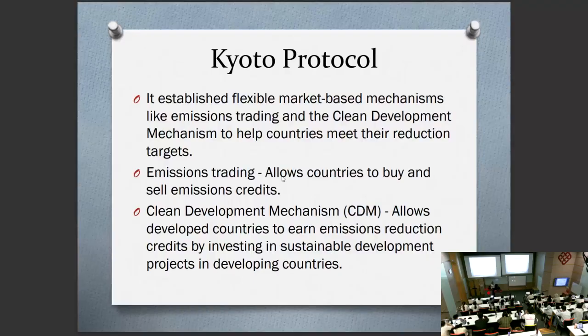Maybe the US invests in some clean technology in Thailand or Vietnam. So this is the clean development mechanism. It has an advantage for both the developed countries, by earning reduction credits, and the developing countries, which get some technology transfer from the developed countries. I will also talk more about this later.